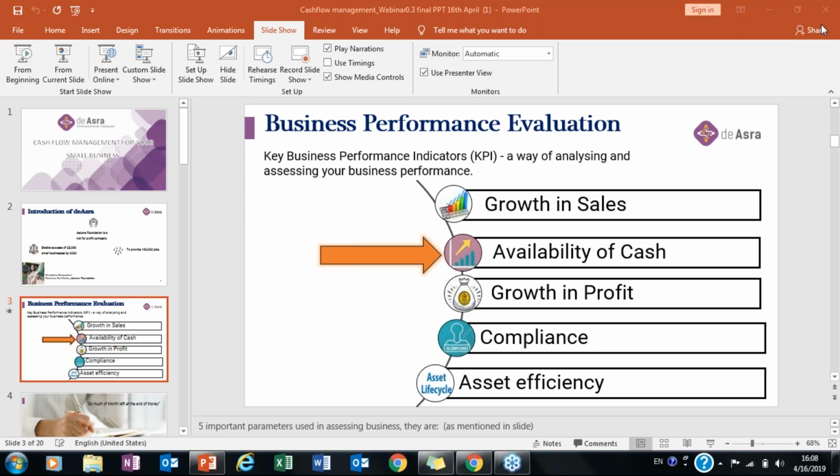It is a way of analyzing and assessing your business performance. Why do we need to analyze and assess it? Just to make sure that our business is going on the right track, and whatever we have planned is going according to our plans.